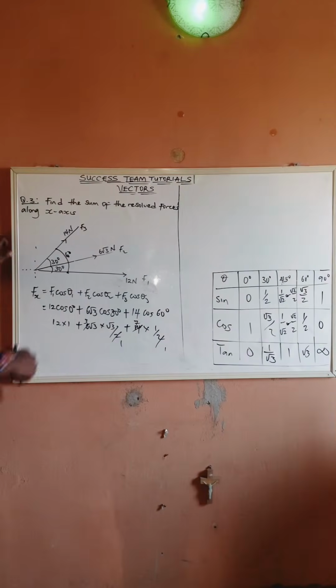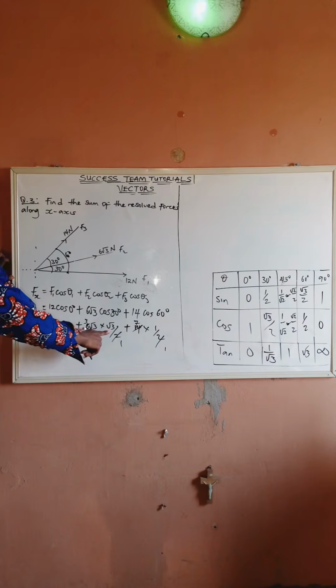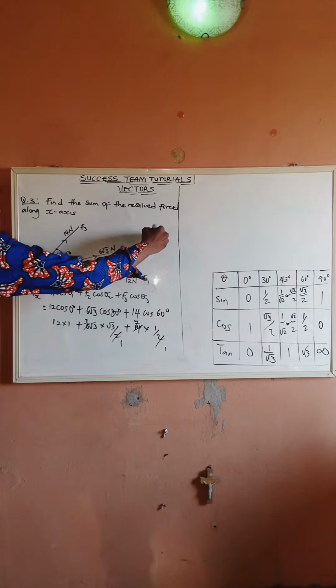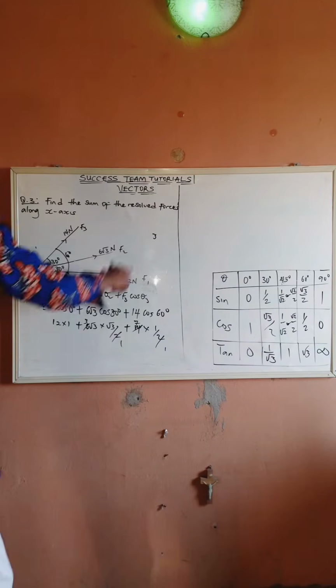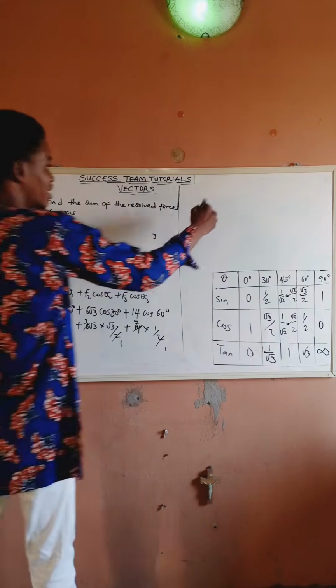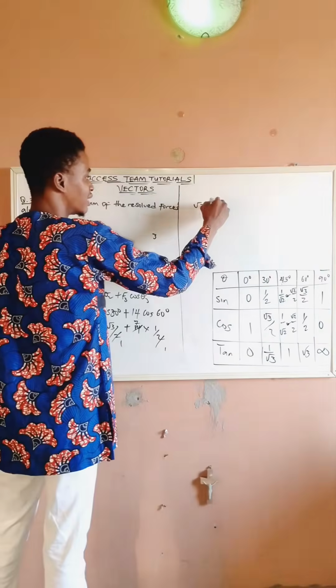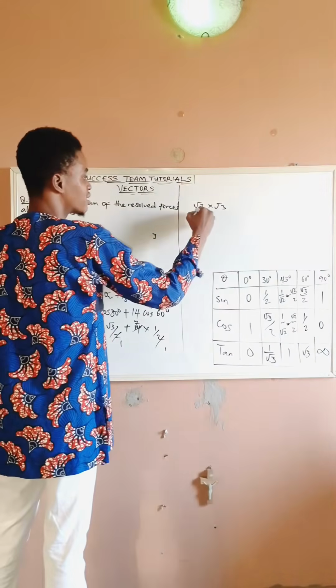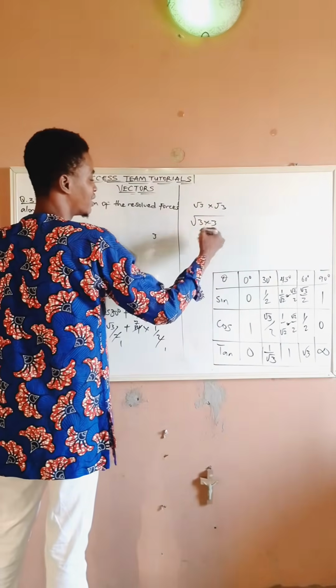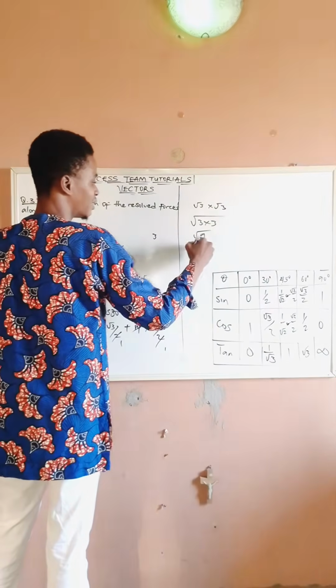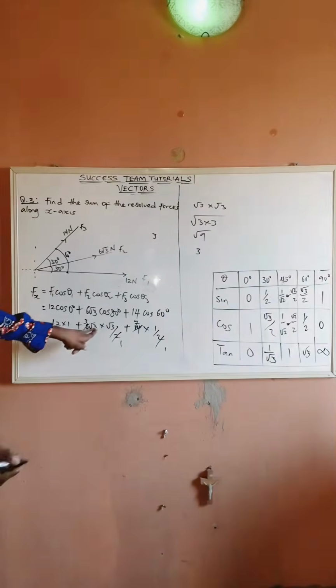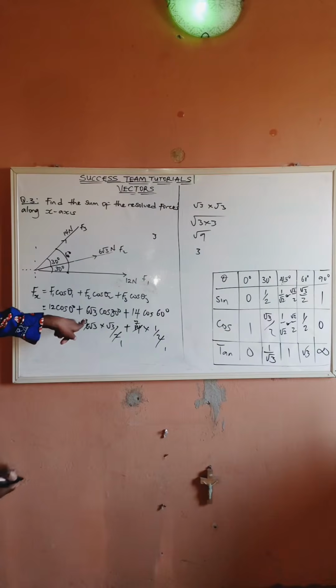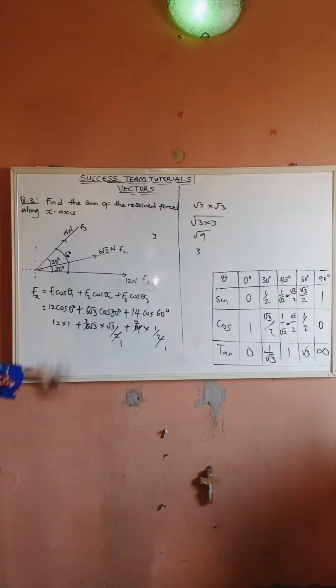Now root 3 times root 3 is 3. So 3 times the 3 outside is 9.